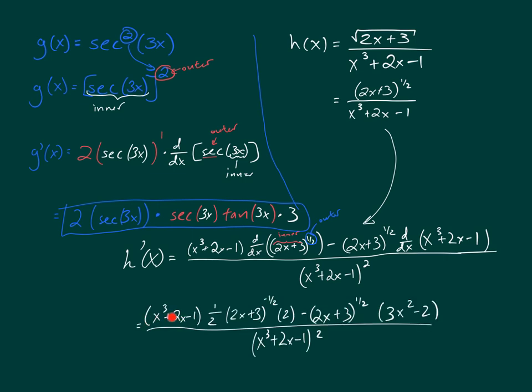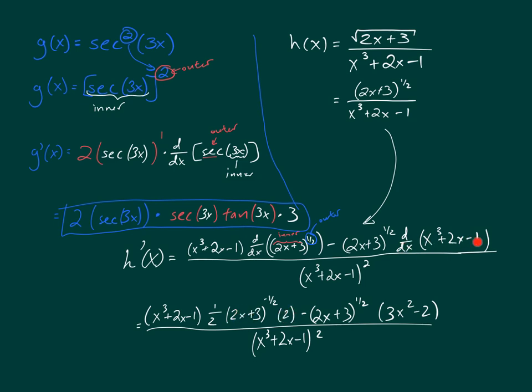So here we go, this part matches, but for the derivative of this, we have to take the derivative of the outer function, so I moved the 1/2 to the front and subtracted 1 from the exponent, left the inside alone. Then I multiplied that by the derivative of the inside piece. Just by using the power rule here, you get 2.